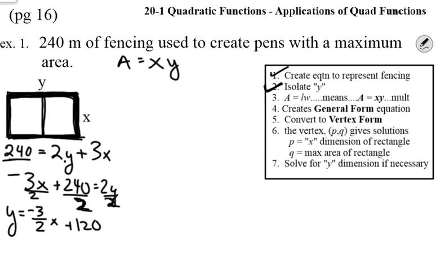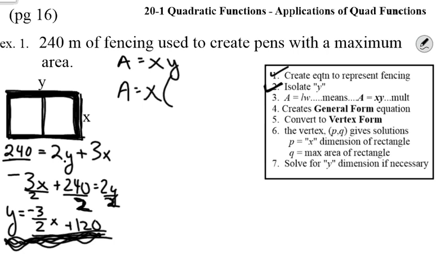Because I have an expression for Y, I can say the area is the X length times the Y length, and the Y length is negative 3 halves X plus 120.